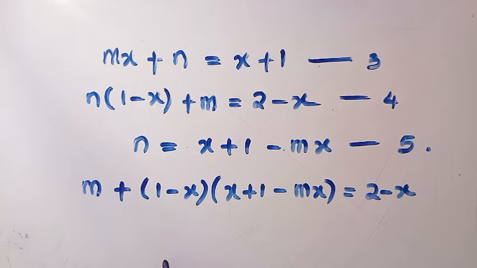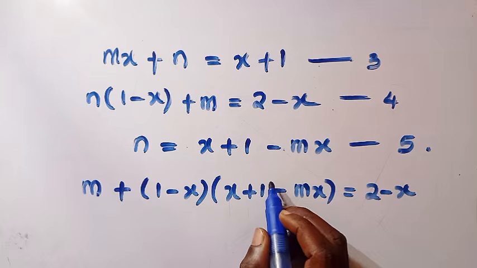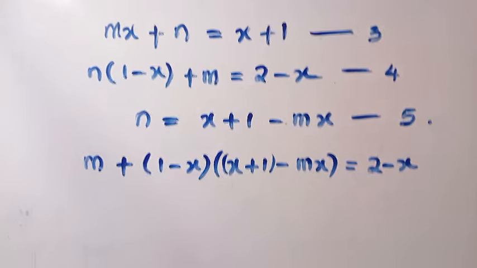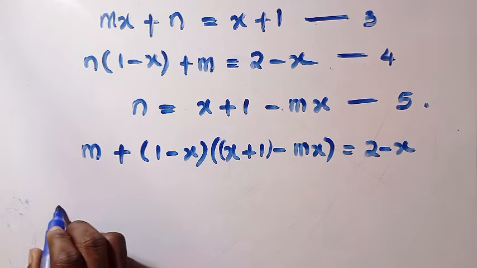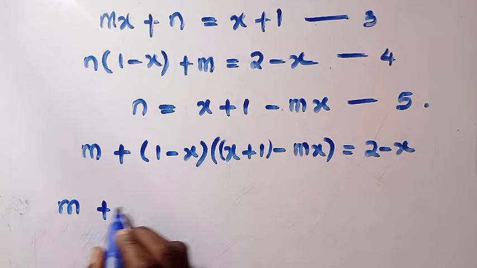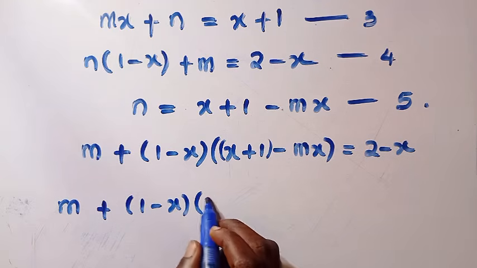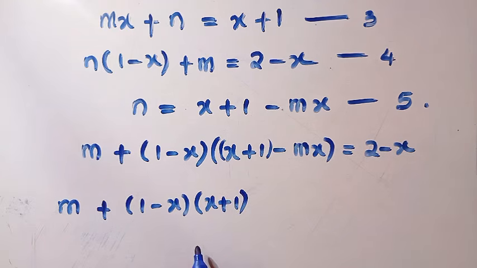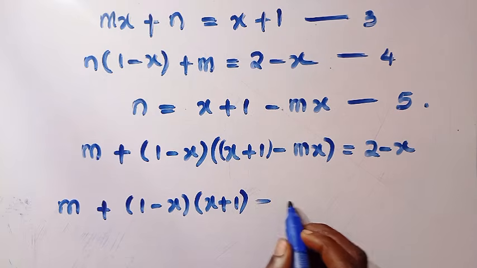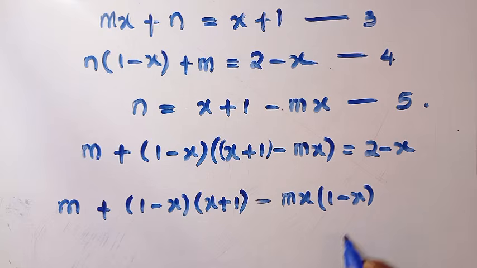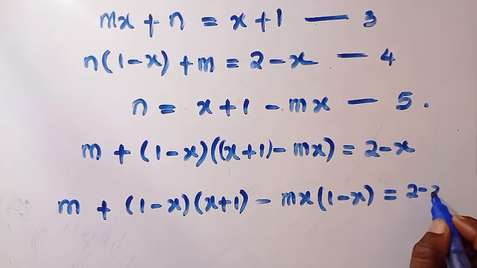Suppose I group this in brackets, I have x plus 1 and mx. So we multiply this out as m plus open bracket 1 minus x multiplied by x plus 1. And again, plus times minus, that is minus mx into bracket of 1 minus x equals 2 minus x.